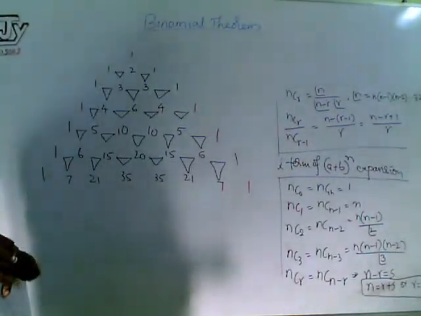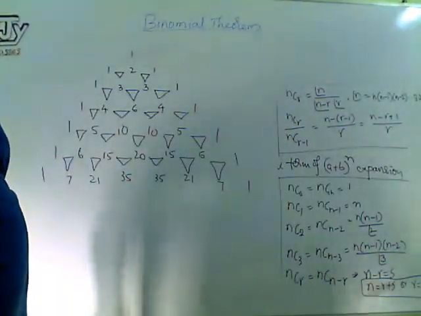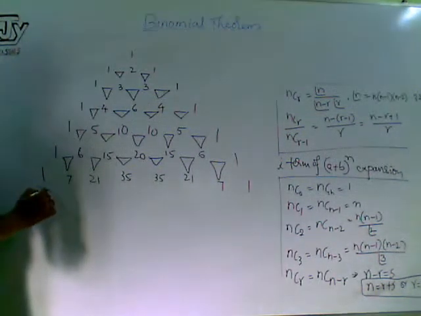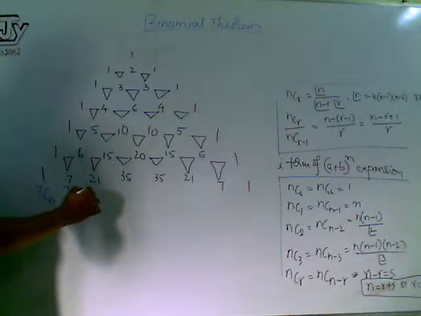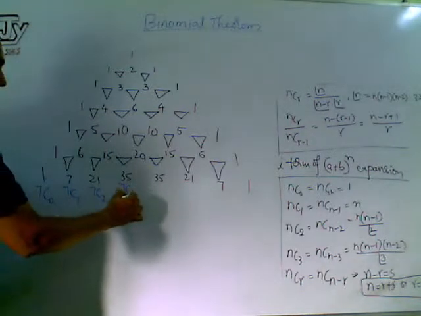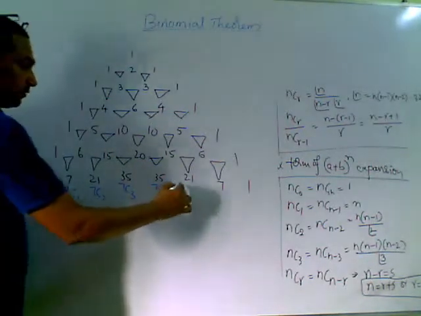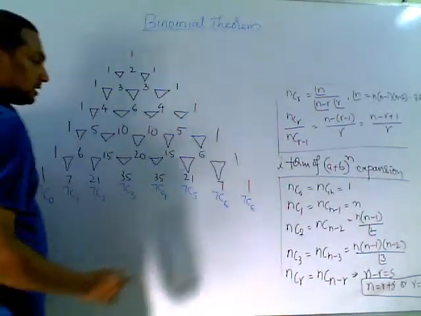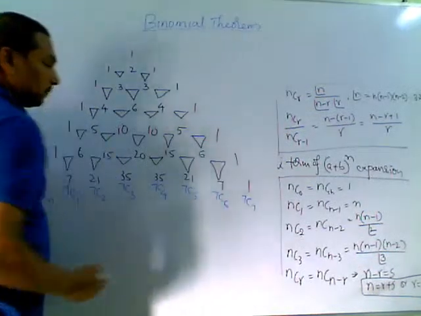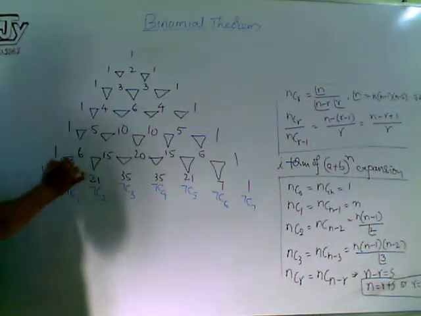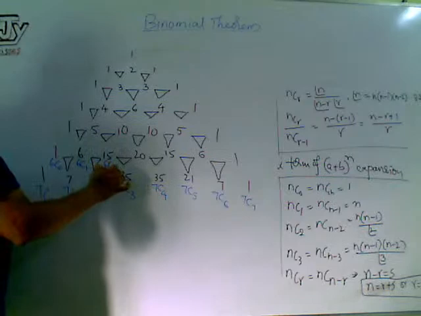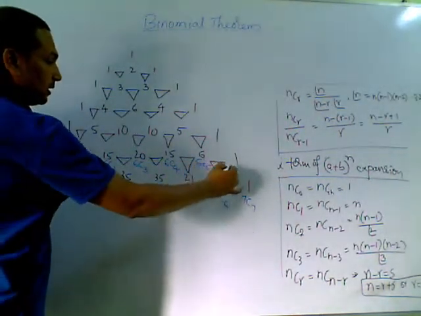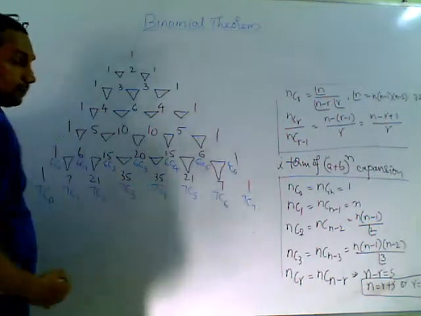So these are the binomial coefficients. Write down these binomial coefficients also. Its name is 7C0, 7C1, 7C2, 7C3, 7C4, 7C5, 7C6, 7C7. Next, 6C0, 6C1, 6C2, 6C3, 6C4, 6C5, 6C6.